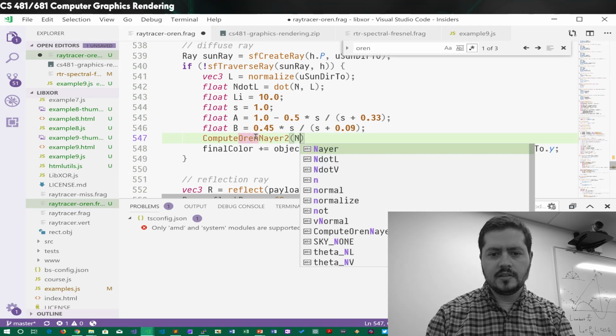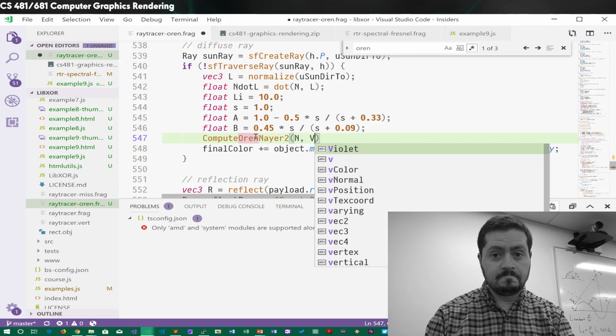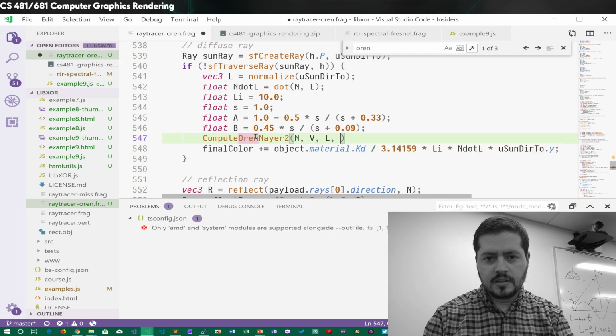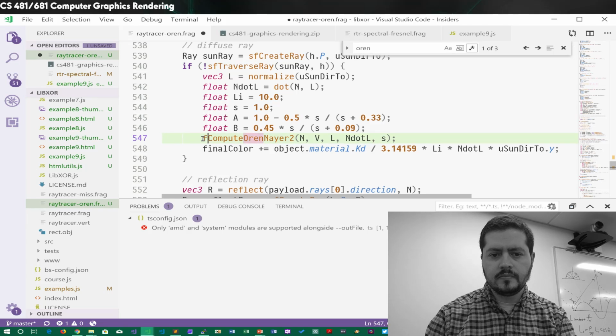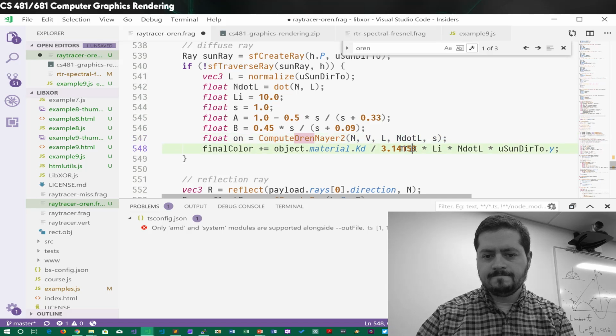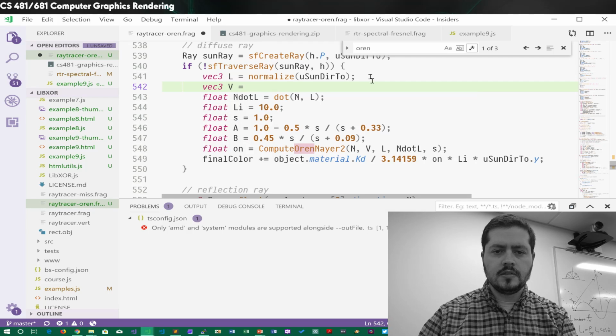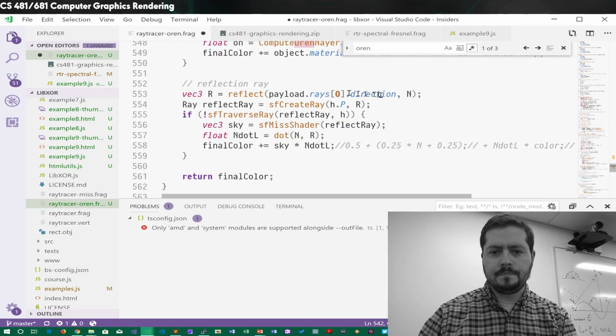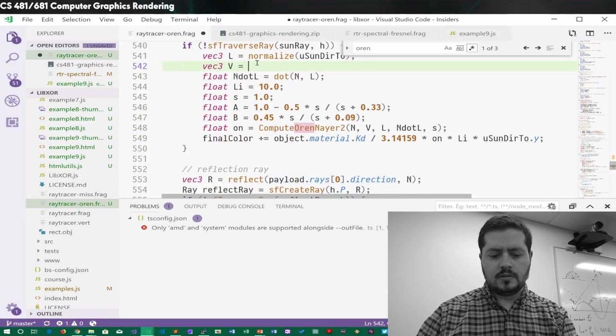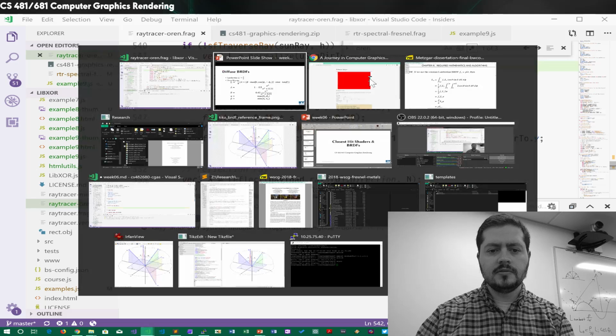We just need to pass an n, and v is L. This is the direction the ray is traveling.